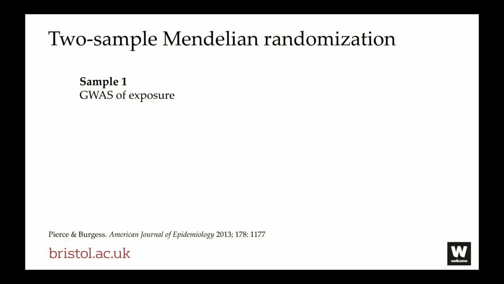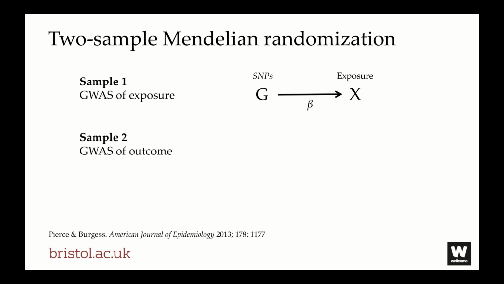What two-sample Mendelian randomization does is use one sample, which is usually a GWAS of your exposure, where you have identified SNPs or genetic variants that are associated with your exposure of interest. You get the beta coefficients from that one sample. Then for the second sample, which is usually a GWAS of your outcome, you look those same SNPs up, and say it's a binary outcome, so you get a log odds ratio of the relationship between those same SNPs that drive variation in your exposure and your outcome.